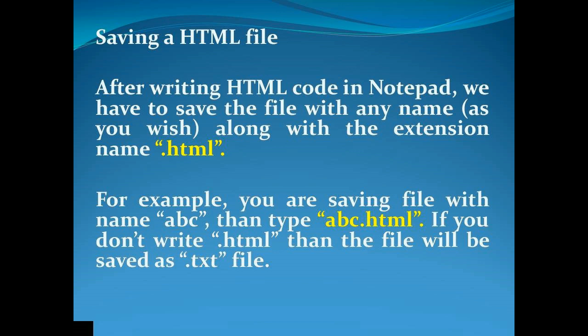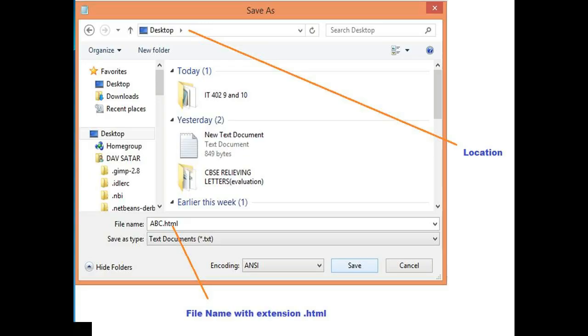But as we know, we have to save this content as our HTML page, so we have to give the extension .html. Look at this one. This is the process where we are saving. This is the save as screen, and in that screen the desktop is the location.